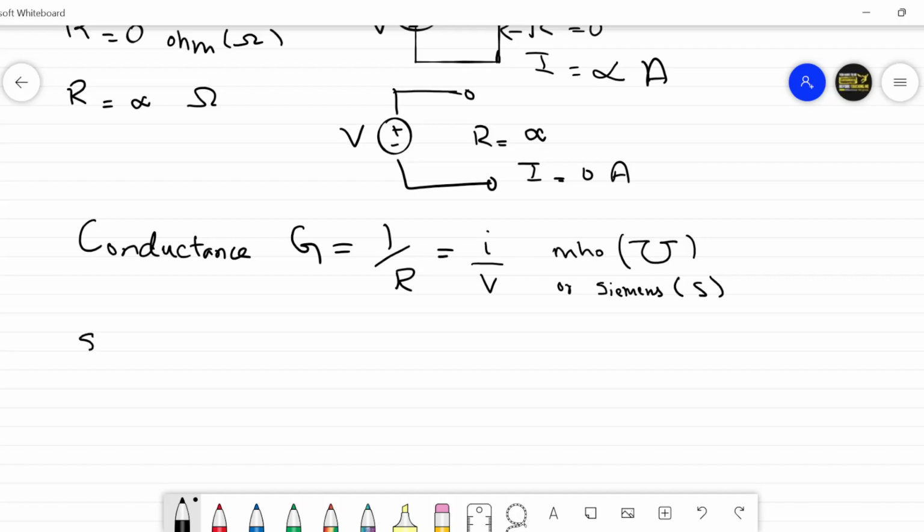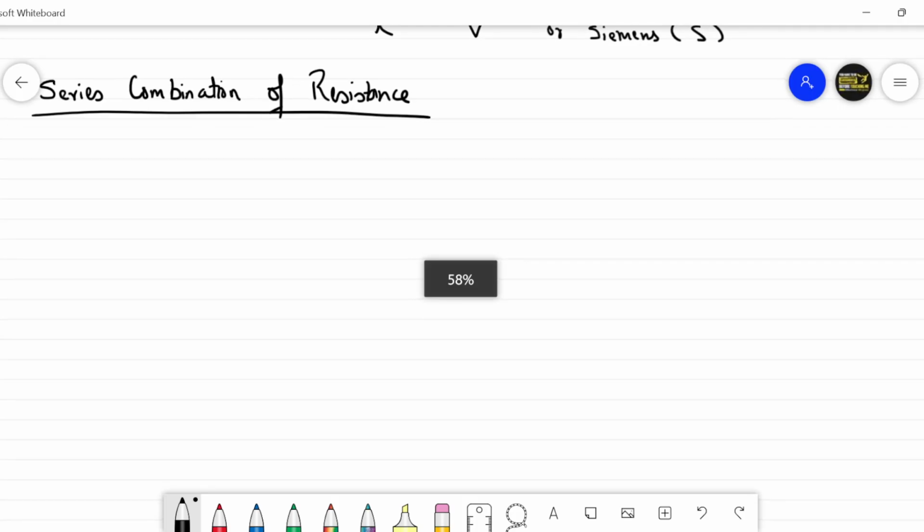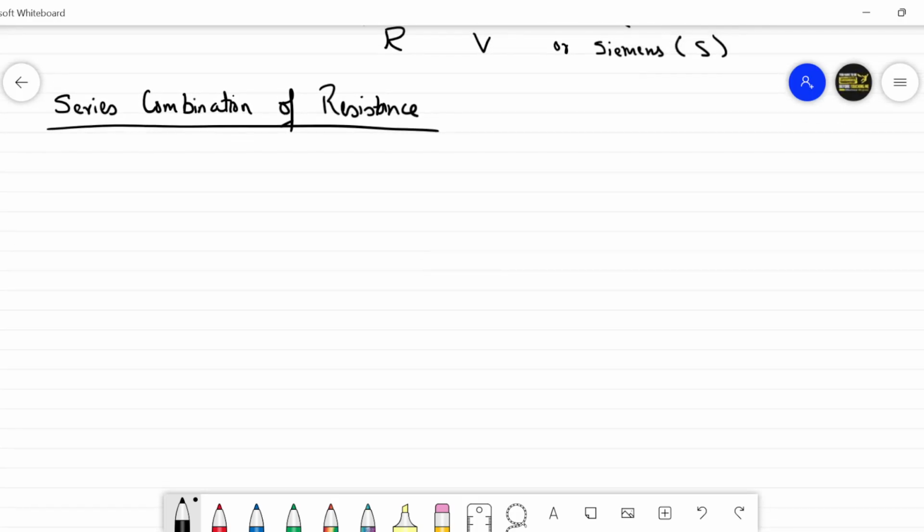Now the series combination of resistance. I'm not going into much detail on these because I expect you to know all these things.